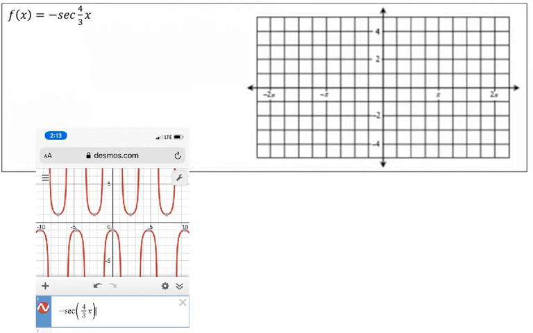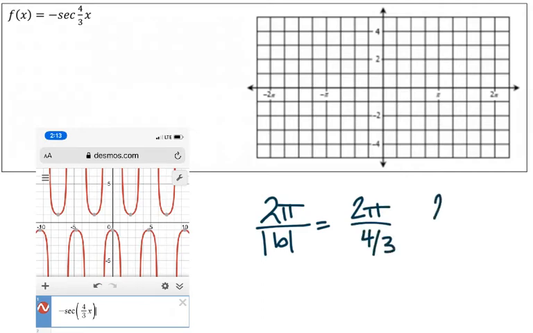The next one. There's a little screenshot of my graph. You can see how I wrote it in Desmos. Remember that it's 2 pi divided by the absolute value of b. So it's 2 pi divided by b, which is 4/3. This is like doing 2 pi divided by 4/3.